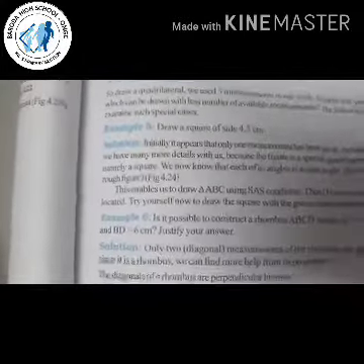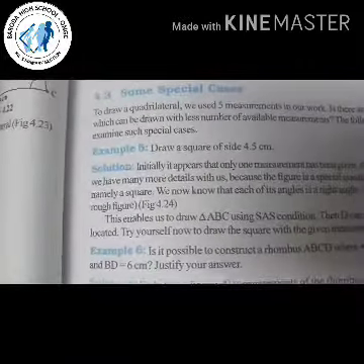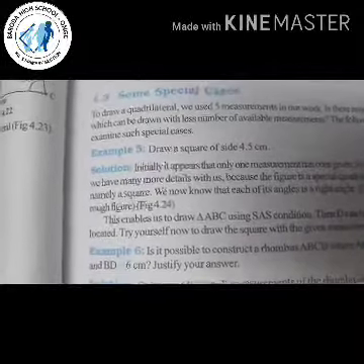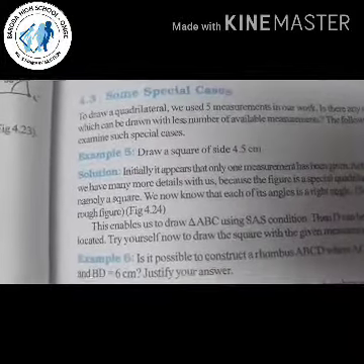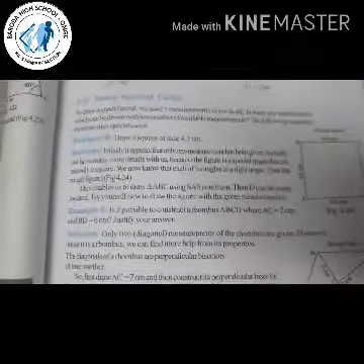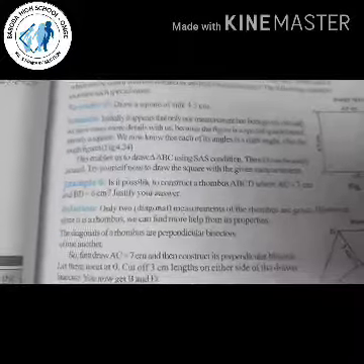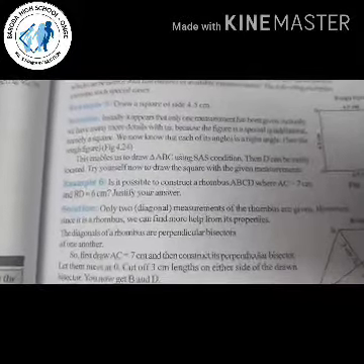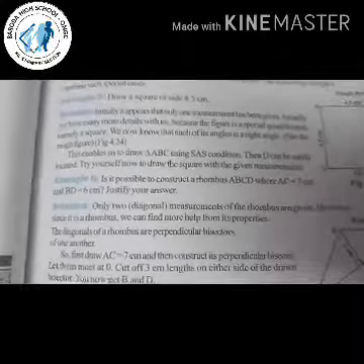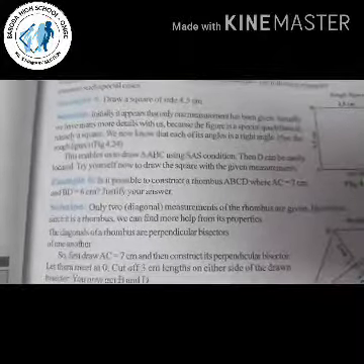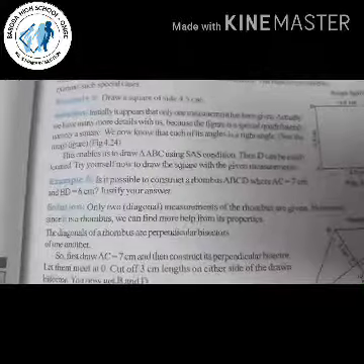Now when it is said draw a square of side 4.5 centimeter, it means you know all the sides and you know all the angles. So it's not at all difficult for you to draw. Now is it possible to draw a rhombus where only two diagonals are given? If two diagonals are given, we can find that they are bisectors.